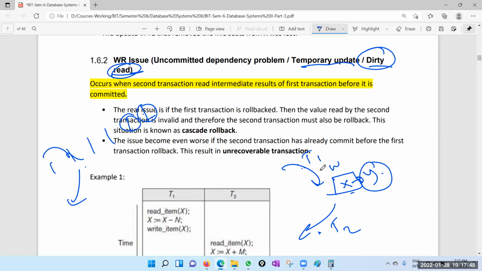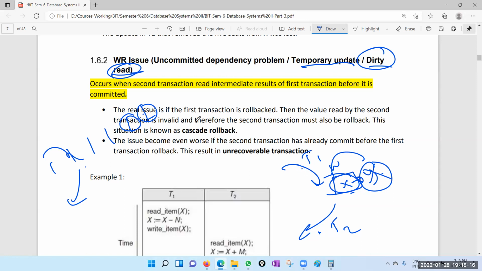Rolling back means Y goes back to X. But while it was Y, transaction two read it. So transaction two still thinks that it is Y, not X. But in reality, it is X, because transaction one rolled back.